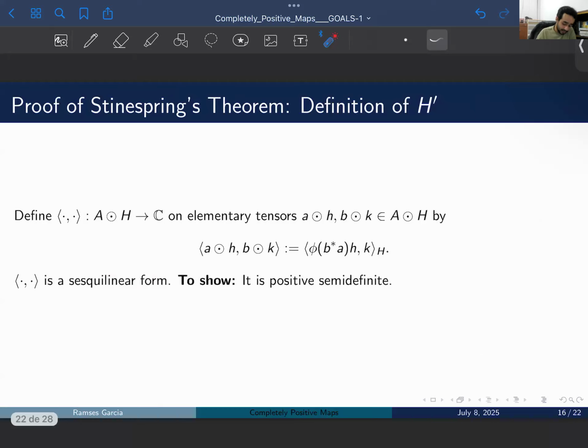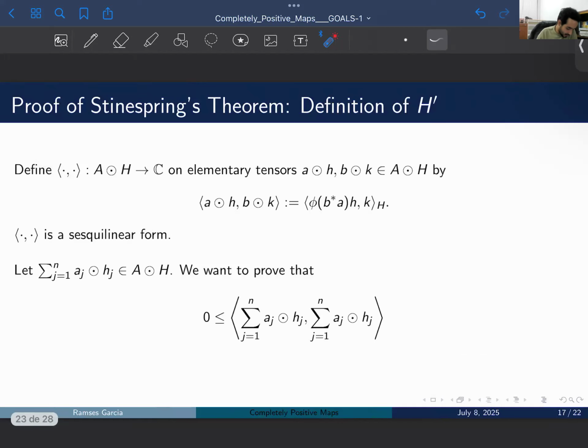So let's take an element in the tensor product and show that that element under the form is positive. As I said, every element in the tensor product can be seen as a sum of elementary tensors, and we want to prove that this number is greater or equal than zero.